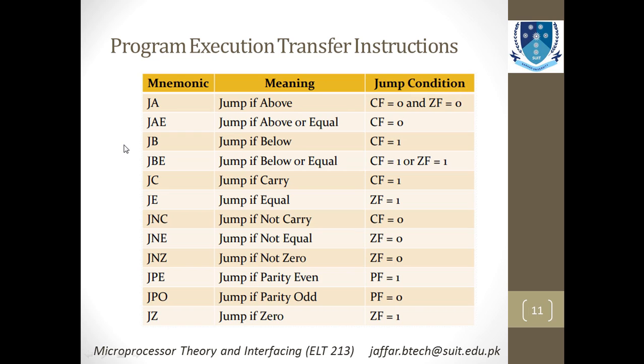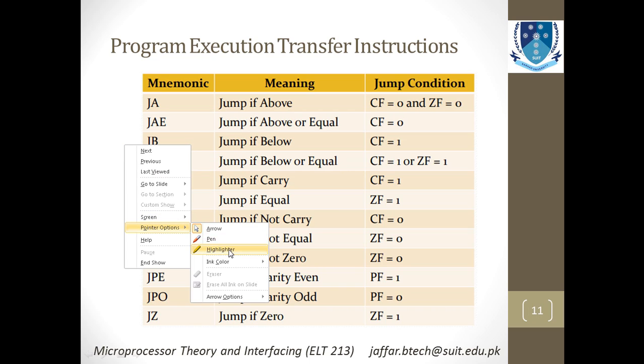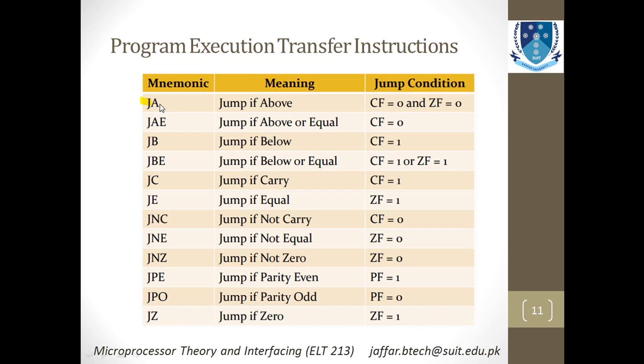So these are some very cool jump instructions that are provided to you by the 8086 microprocessor. The first one is jump if above. As I've told you, if the carry flag is 0 and the zero flag is 0 as well, it will automatically jump. Then jump if above or equal.